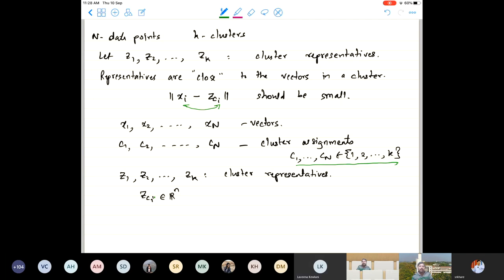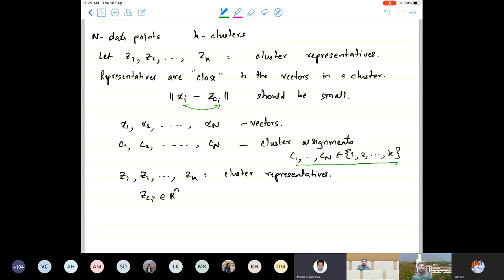The value of C1 is the cluster. If C1 is equal to 2, then you will say x1 is assigned to cluster 2, not C1. The value of C1 is the cluster assignment.